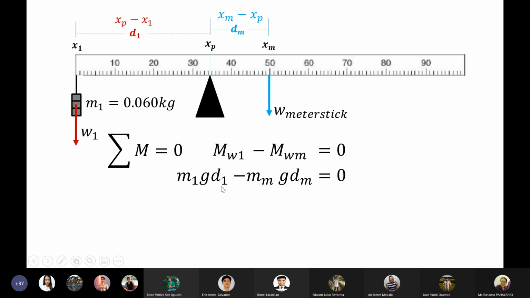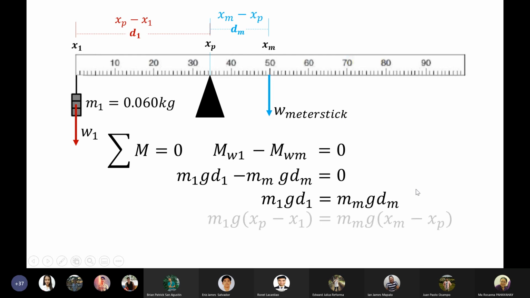So, for D1, it will be, okay, we will equate it first muna pala. Okay, so, for D1, that is mass 1 times G times XP minus X1. While for DM, that is mass of the meter stick times G times XM minus XP.